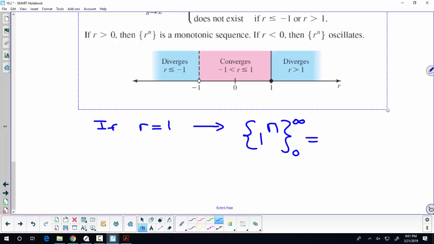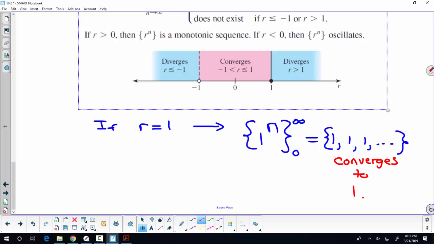And so that sequence should just always be 1, 1, 1, etc. So in terms of just the list of numbers, it's always 1, so it converges to 1. If we were summing that stuff, would it converge? No, so the series would not converge. The list of numbers, the sequence, does converge.